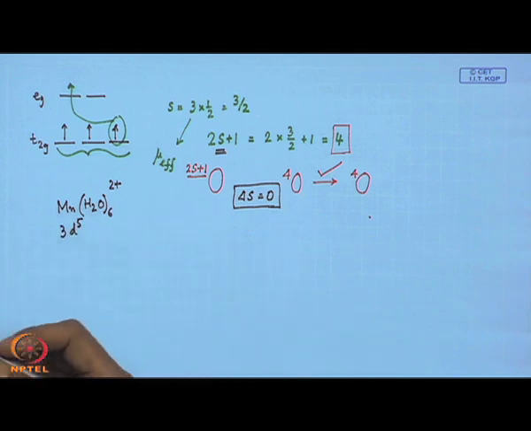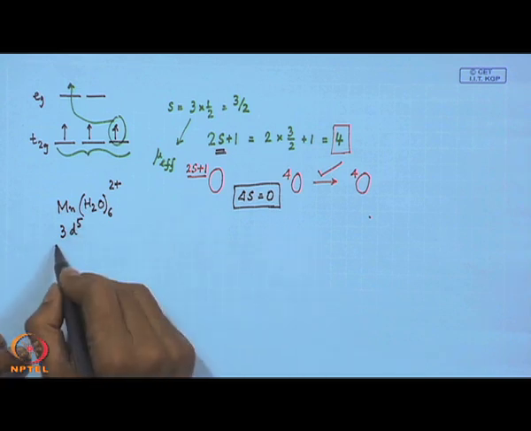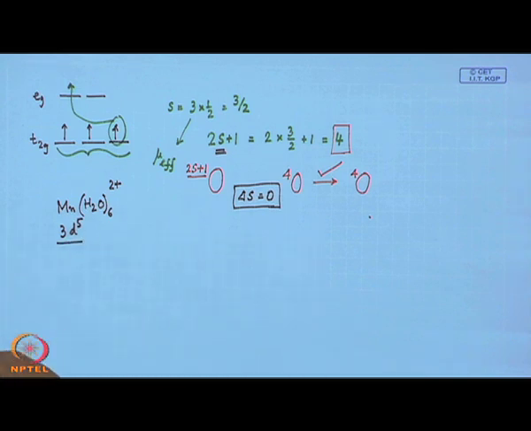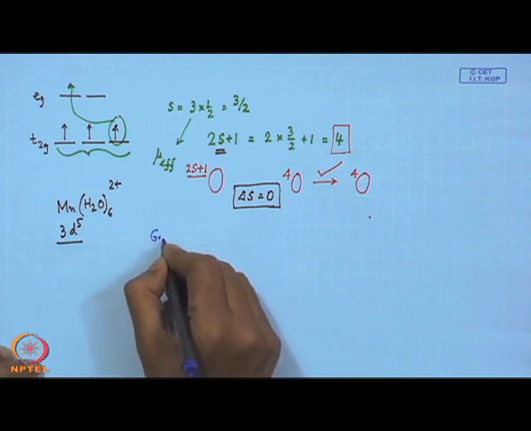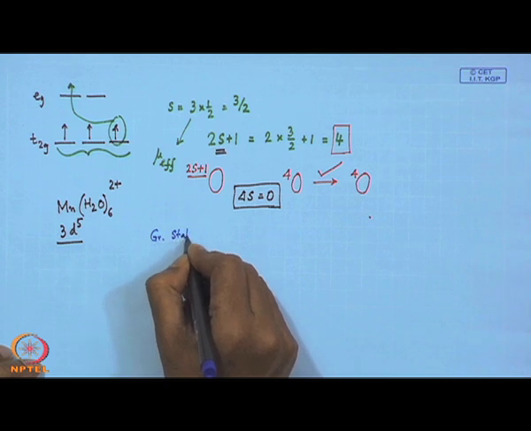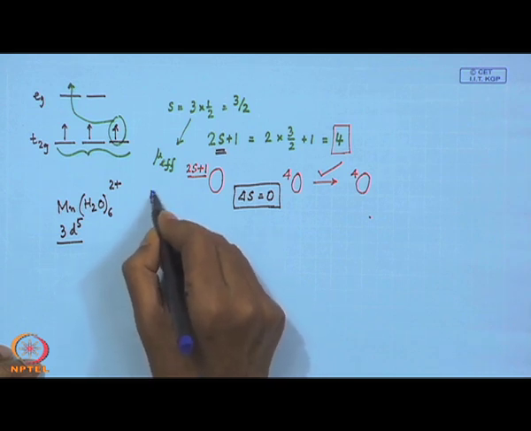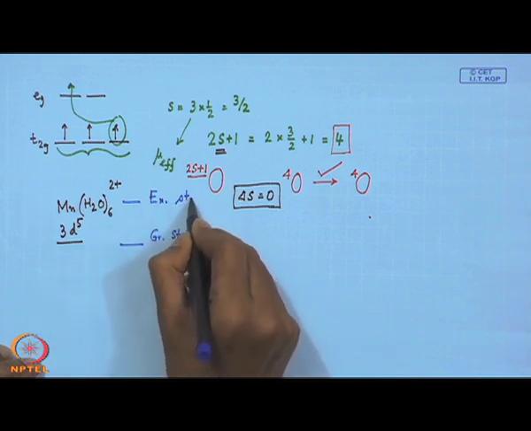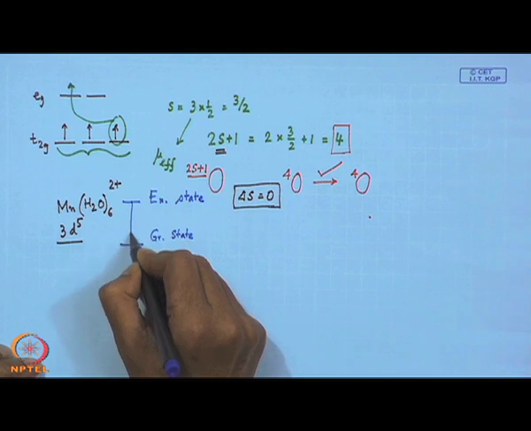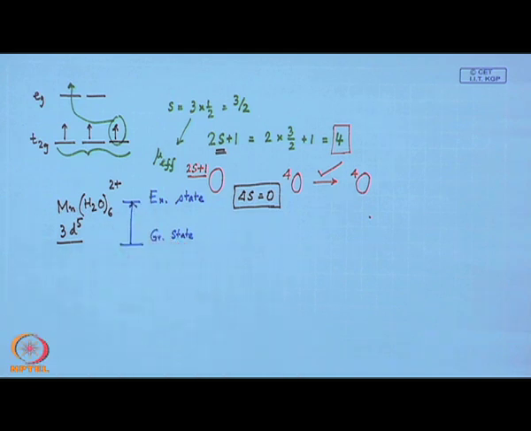If we have the transition of this type from one state to the other, as it is a multi-electronic system, we have the corresponding term symbol and electronic state required for the transition. So, we have the ground electronic state to the excited electronic state and the corresponding transition.